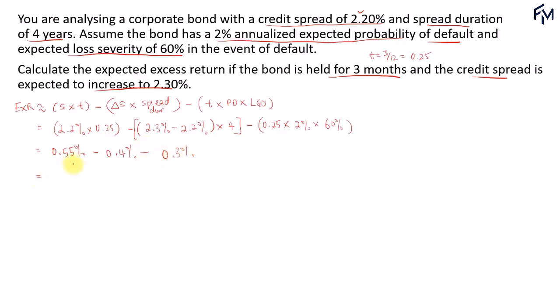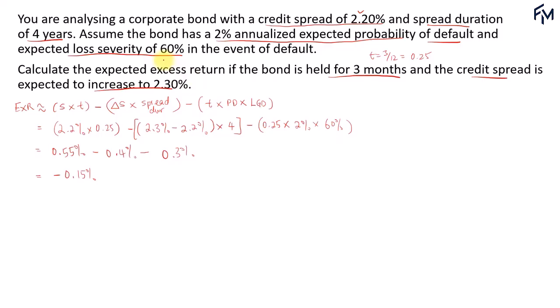Right, so once we net off these amounts, we will get negative 0.15%. So in this case, from this bond, we'll expect an excess return of negative 0.15% if we were to hold it for 3 months, and the changes in the spreads are based on this expectation.